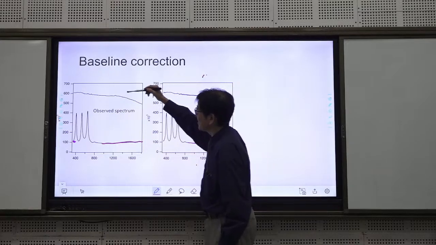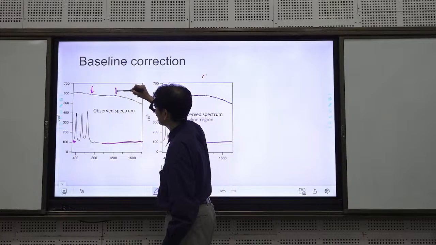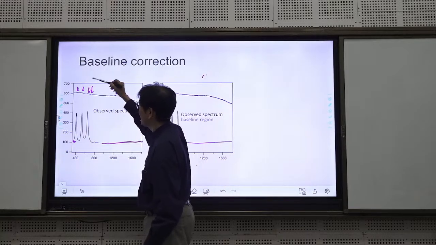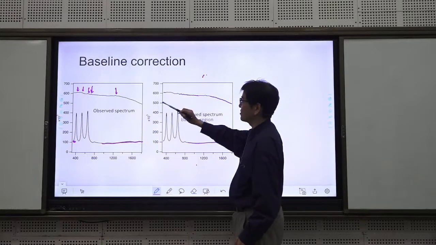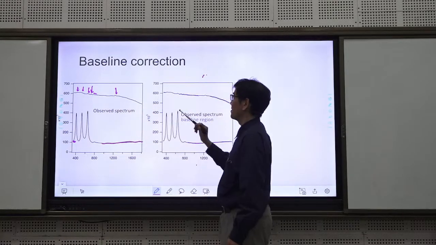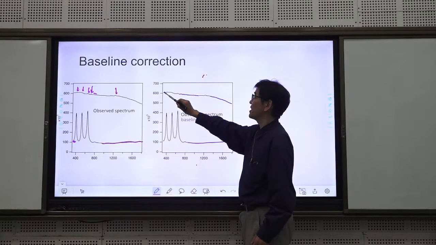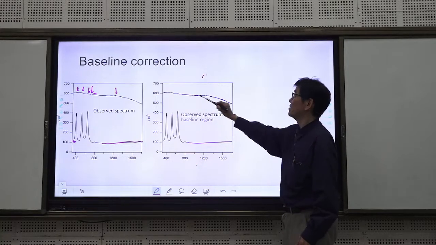So you see here is some small feature. Here is some small feature. There may be small features. Okay? Then I decided to exclude these regions and regarded the remaining part as a baseline, blue curve.